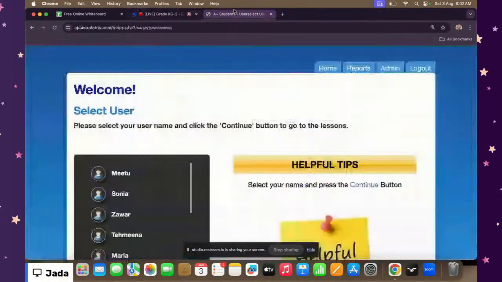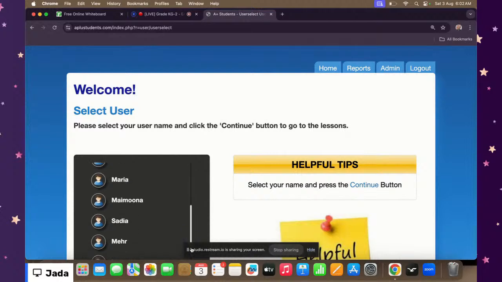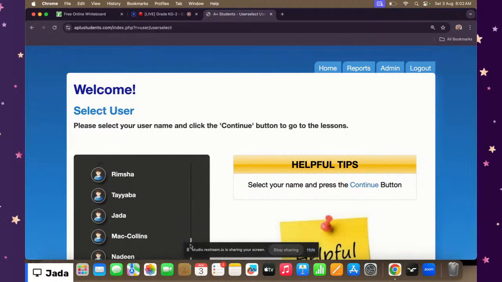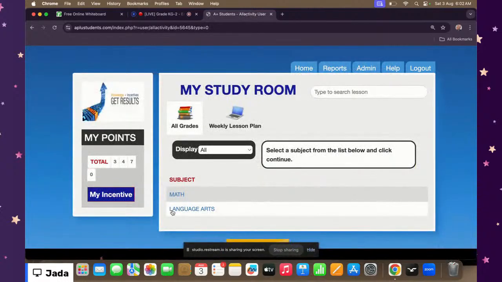Okay, so first log in using aplusstudent.com. Click on your name, input your email and your password, and then click on your name here.